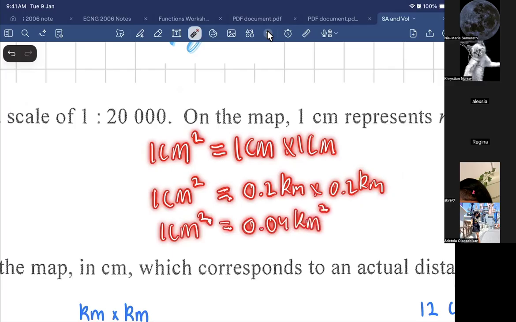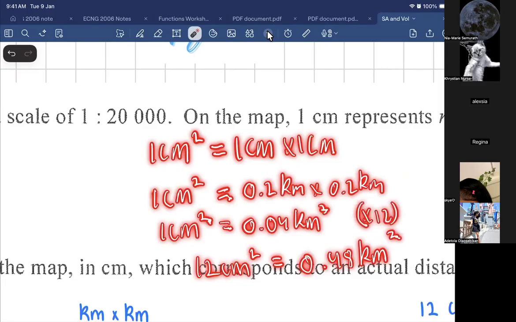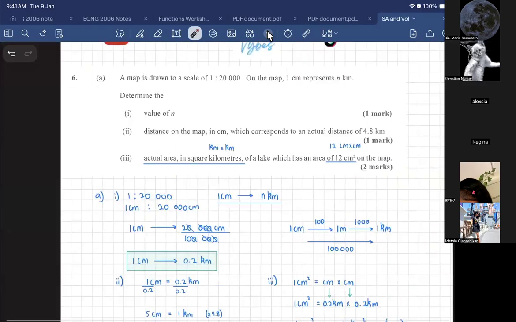If I want to figure out how much 12 centimeters squared is, I just multiply by 12. 1 centimeter squared is 0.04, so to find it for 12, I multiply by 12, because 1 by 12 is 12. 0.04 by 12 is 0.48. Yes or no?